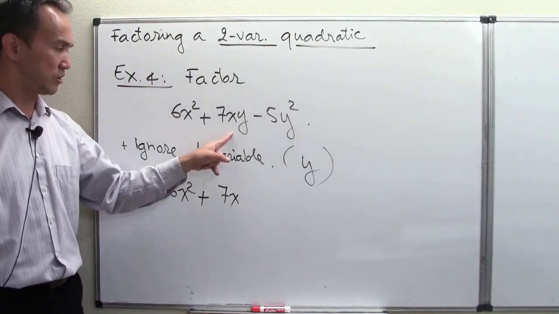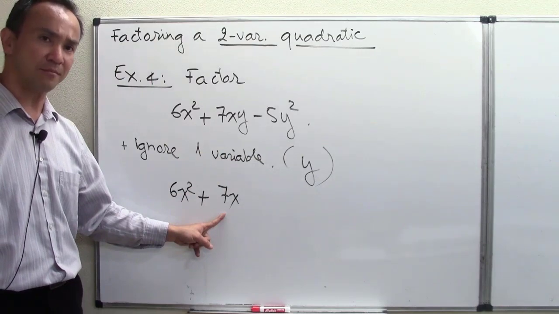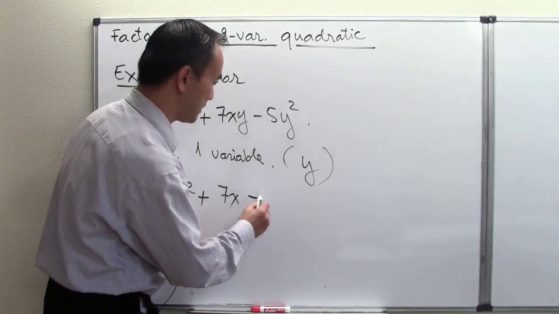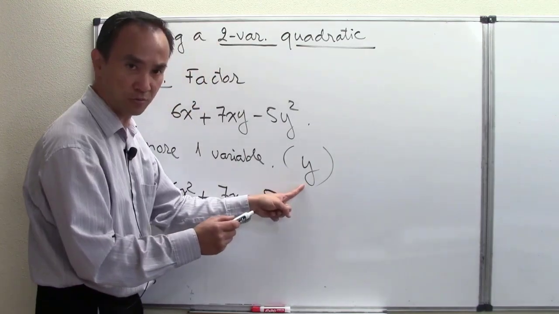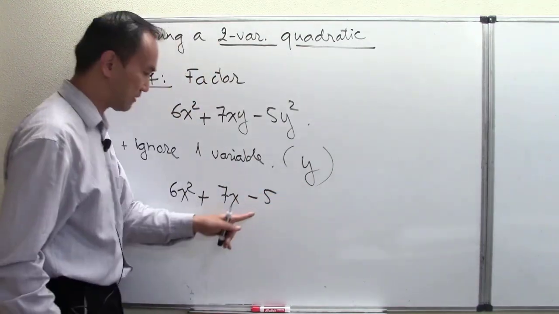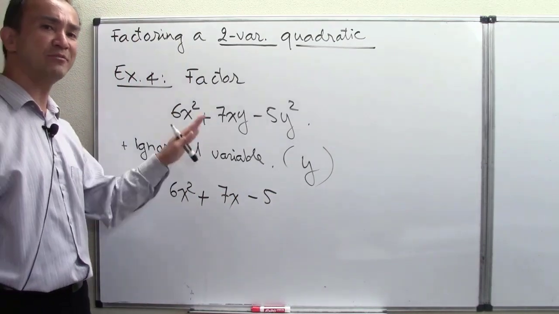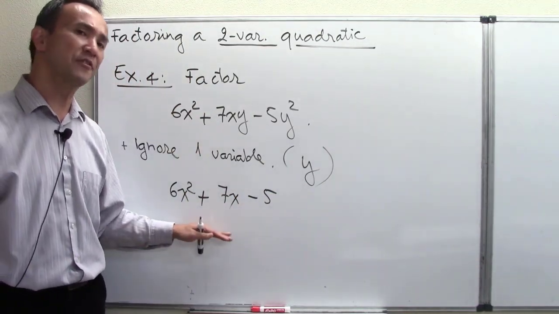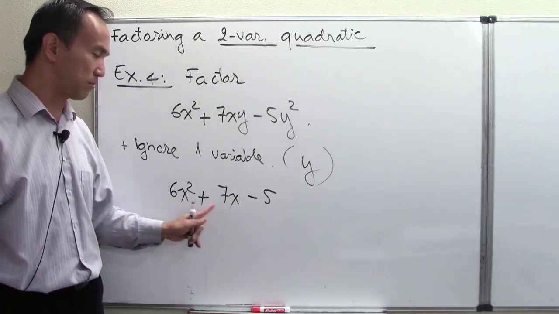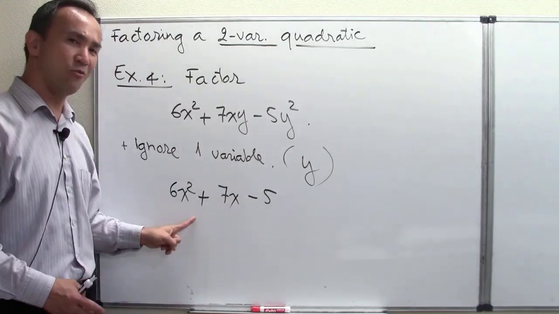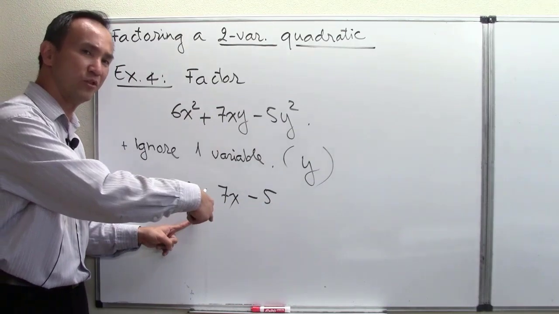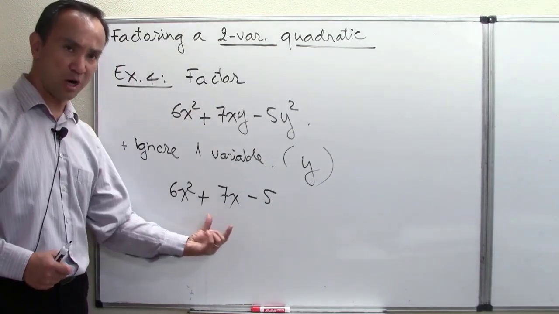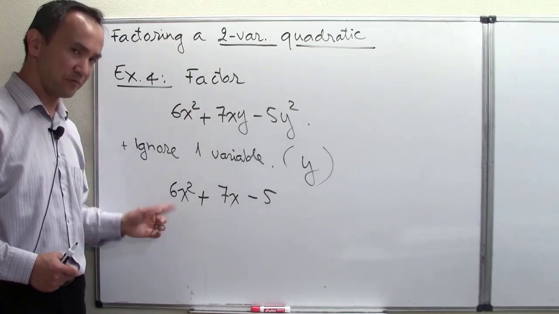The last term will be minus 5, because we ignore the variable y, so it comes out just a constant. So after ignoring one variable, the corresponding version becomes just 6x squared plus 7x minus 5. Now we bring ourselves into a form that we are familiar with. This form here is, yes, a one-variable quadratic. The leading coefficient is now here.